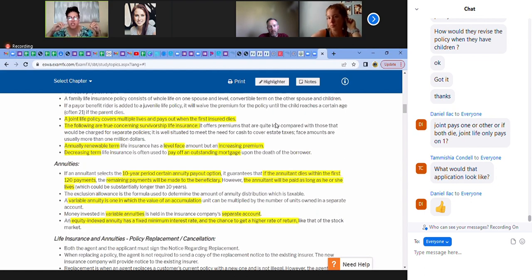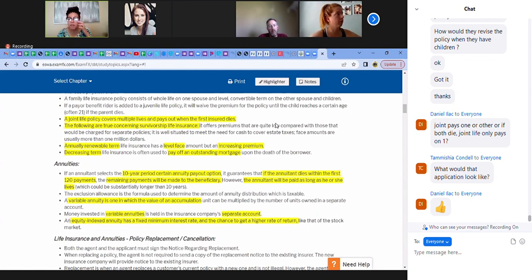So they said, which one's more expensive? Of course, permanent is, because 100% of the time, as long as you pay, they're going to pay out to your family. 98% of the time, the term policy is not going to pay out to your family. That's why it's cheap and inexpensive, right? Because it's cheap and inexpensive, you tend to be able to get more death benefit. So at the time, more death benefit might be more important to you, and then it's cheaper to be able to get the coverage.